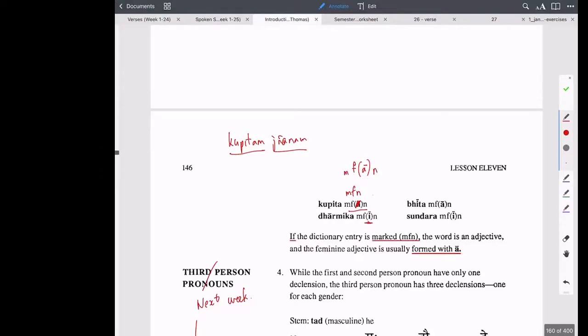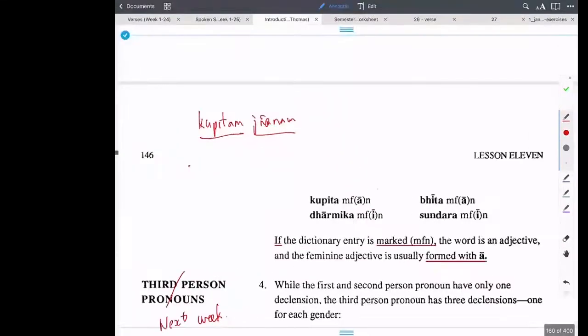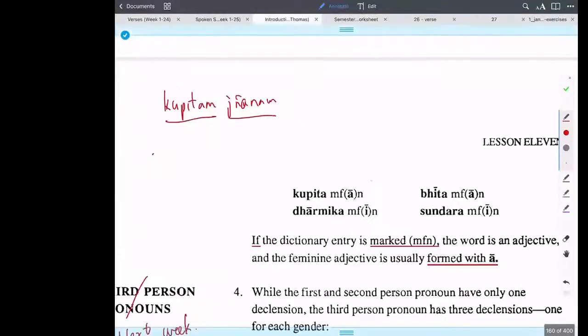Good. So why is it not dharmika sena? Because the dictionary doesn't say a, it says e. In other words, some adjectives will tell you to use the e instead of the a. If that is the case, don't say dharmika sena, but say dharmiki sena.